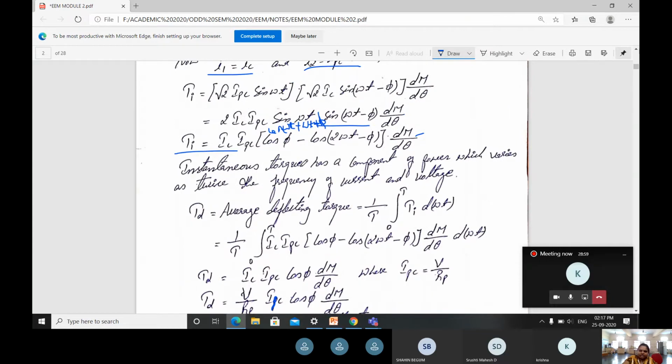The instantaneous torque has a component of power which varies as twice the frequency of the current and voltage. Based on this, what is the actual deflection? What is this indicating?